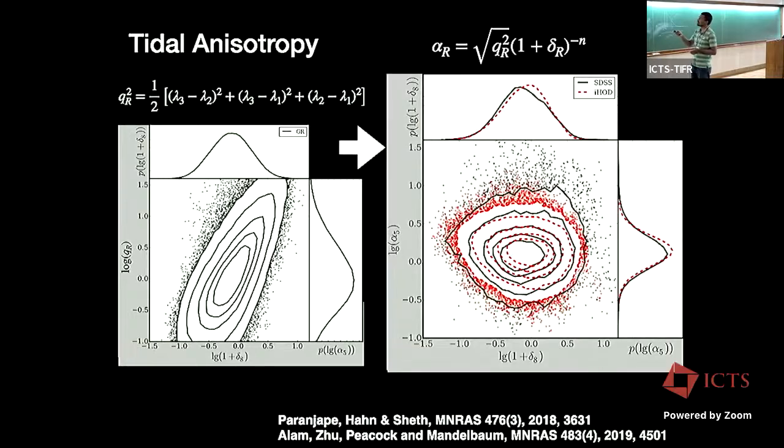This is precisely why we define this quantity: you are going to basically get rid of this correlation. This is overdensity and tidal anisotropy, and now they are more circular, and I can look at properties of a galaxy in this space and talk about each axis more independently. They're still not entirely uncorrelated, but more independent compared to that space. So this is why we define these two quantities.